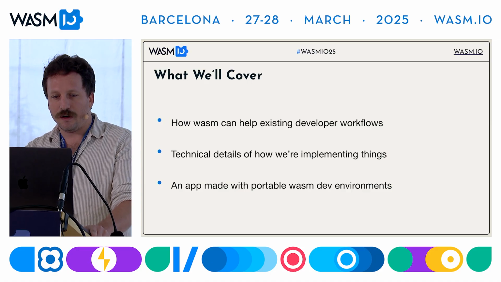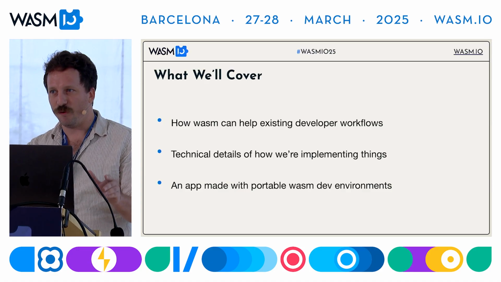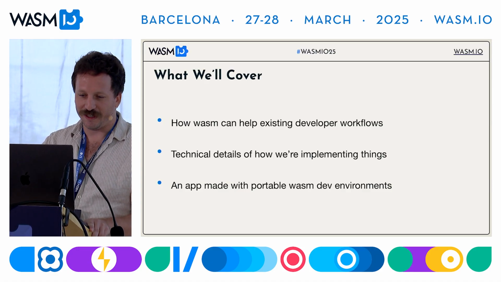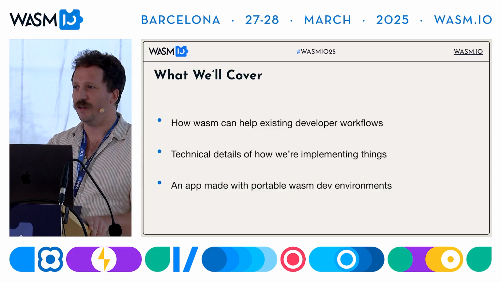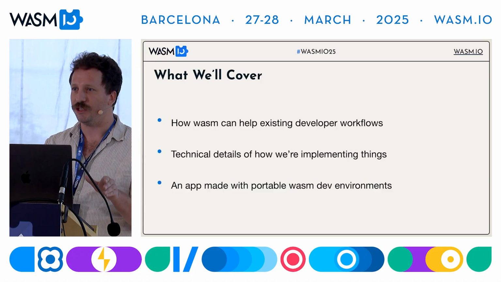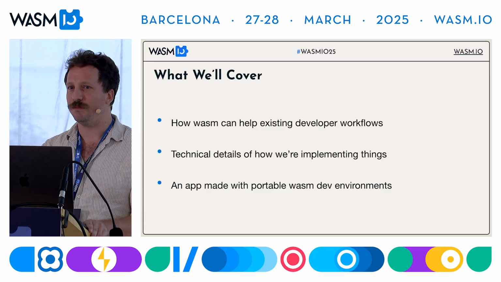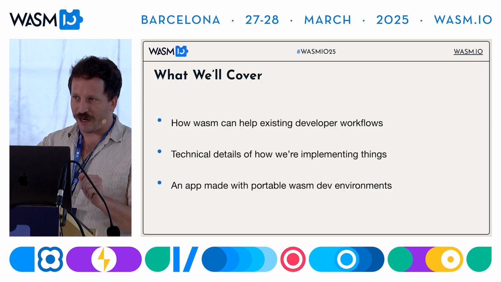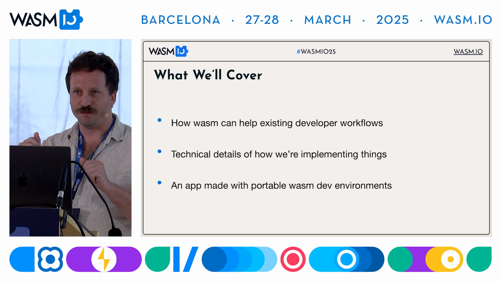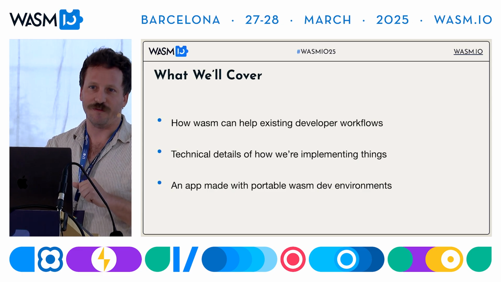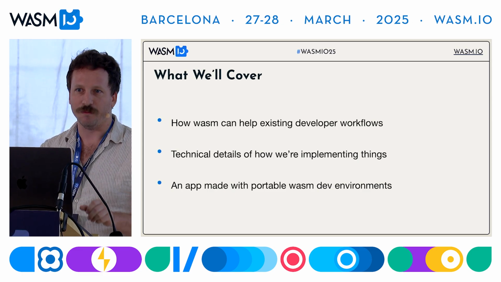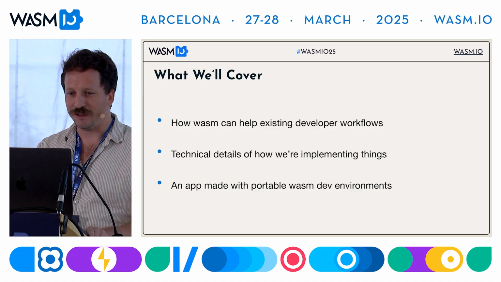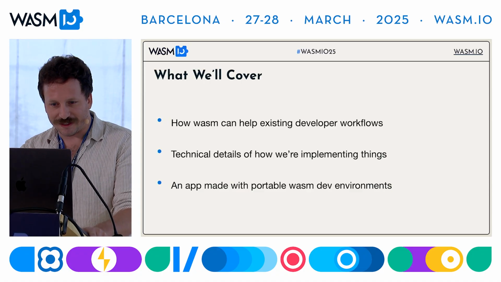And then the middle part will be kind of for the nerds, and we'll be diving into the weeds about how we're actually accomplishing the implementation of these Wasm-powered dev environments. And then we'll get to the exciting part where we're actually demonstrating writing our software in these dev environments and compiling them on the fly. Yeah, you can get a taste for what it's like to use these things.